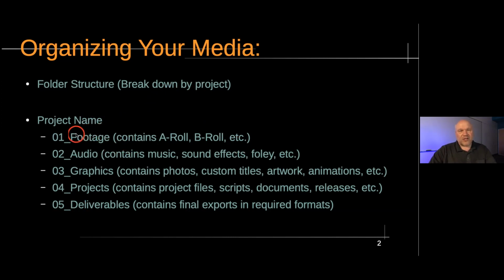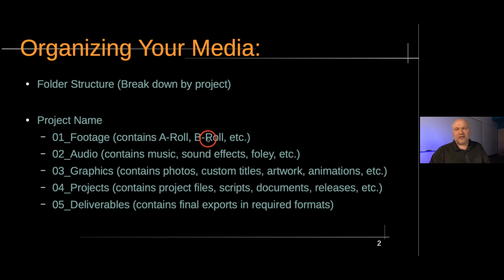So I'd have my main folder name here. The first folder would be your footage, and that contains everything that you've shot with your camera. It contains A-roll, which would be like interview footage if you're doing an interview program, or master scenes, two shots, and moving shots if you're doing a dramatic piece.